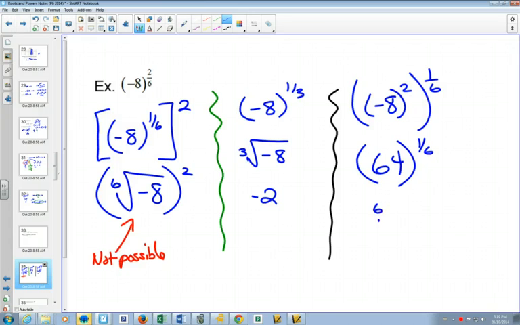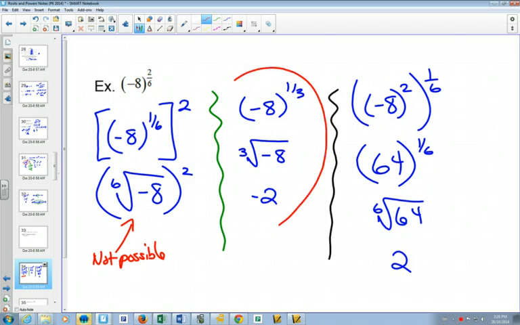And the 6th root of 64 is +2. So the correct one, and that's the reason they say make sure it's in lowest terms first, is this one.